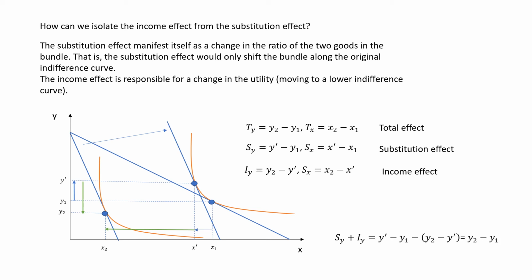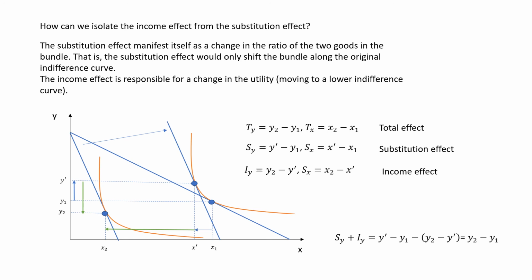If you add up the substitution and the income effects for a given good, then it will result in the total effect. So, the total effect is indeed a sum of the substitution and income effect. Now you can see that for good X, the direction of the substitution and income effects were the same, both are negative.